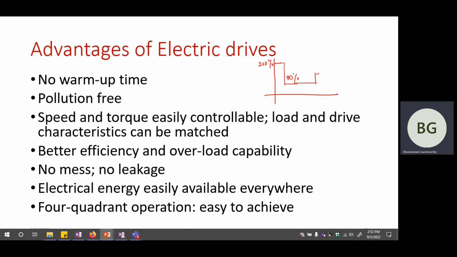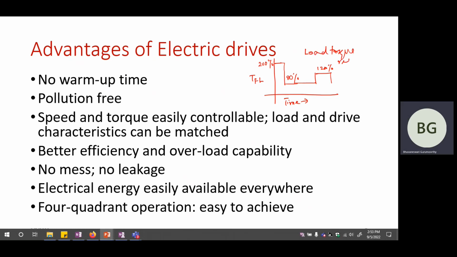Then it might require something like 120% of normal capacity. So this is going to be the kind of load requirement. So this is T full load. Compared to T full load, how much is the requirement from the motor drive? So this is the load torque requirement.